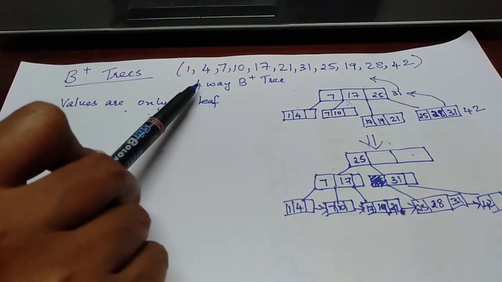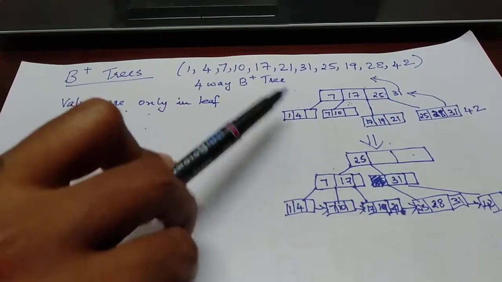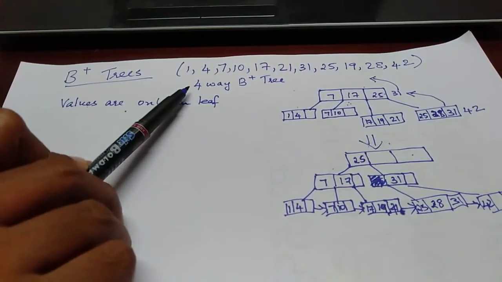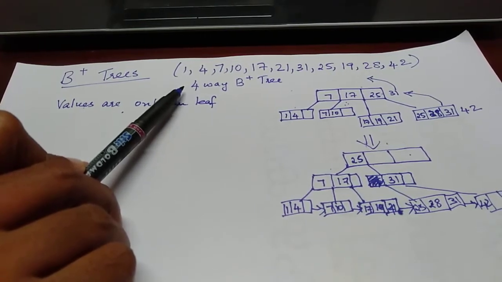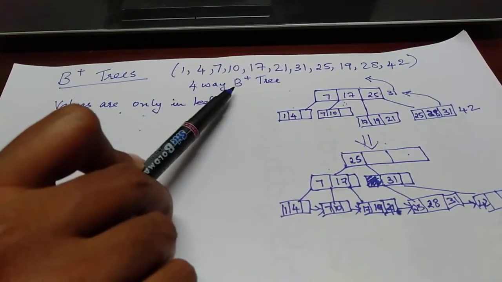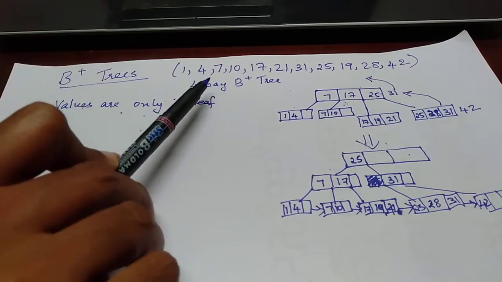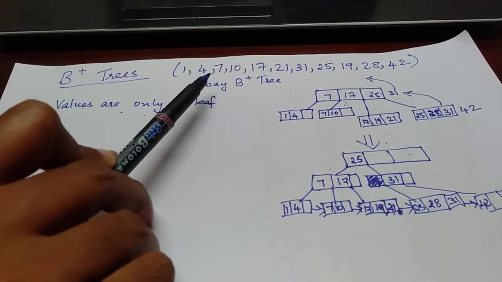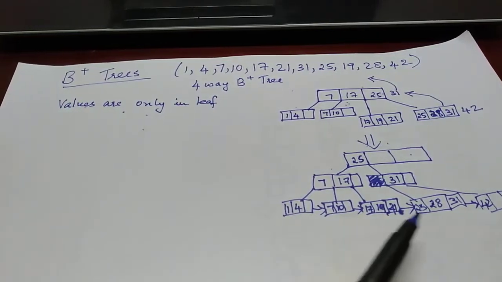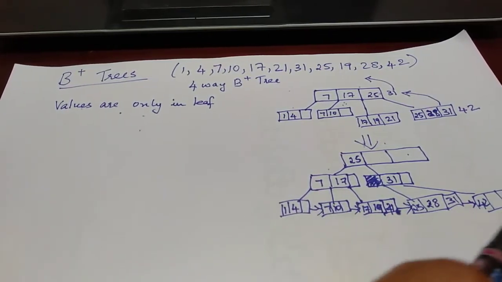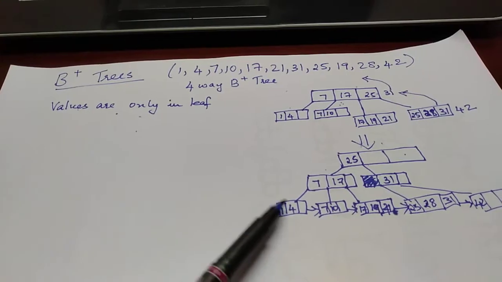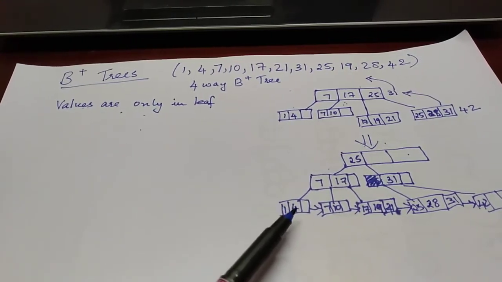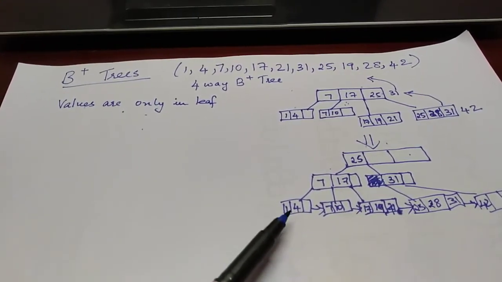That means at any particular stage the maximum number of children nodes for a particular node is 4, and because it is a B plus tree, values will only be in the leaf nodes. You can see that all the 11 values will be available in the leaf nodes. Each of the leaf nodes will represent a cluster. Later on when we use it for BIRCH, I will tell you how it represents a cluster.